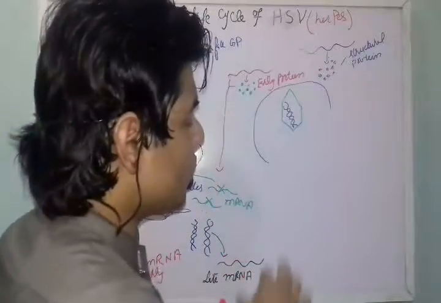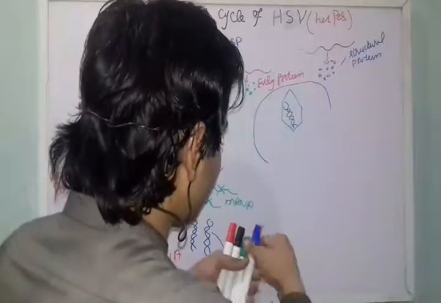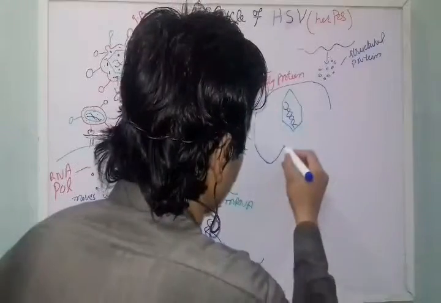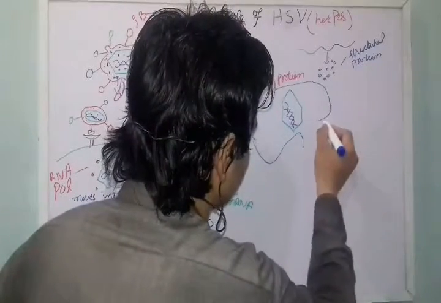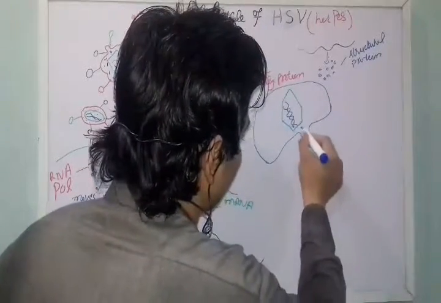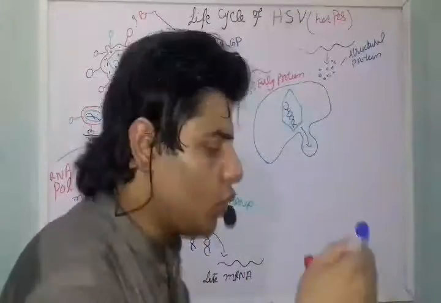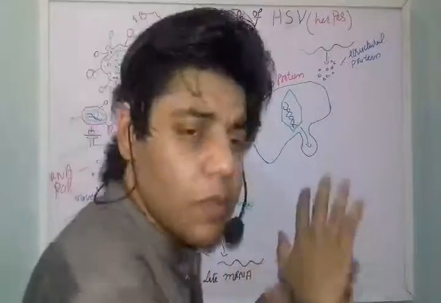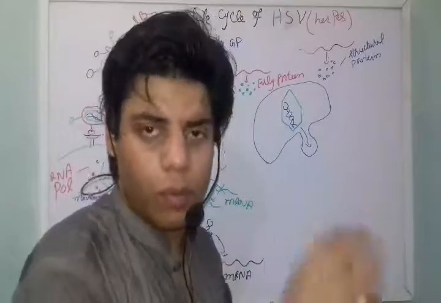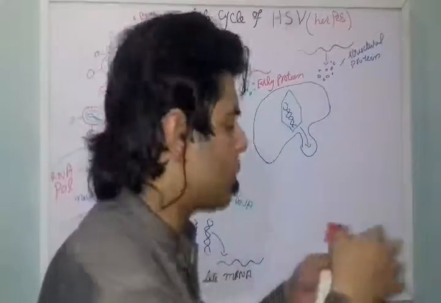Fine. Now whenever they are released out from the nucleus, they take some portion of the nucleus with them. How will it look? It will look like just like that.